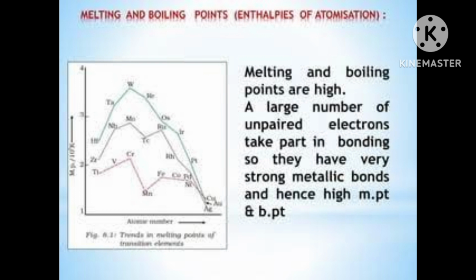And as the nuclear charge increases along the series, there is a fairly regular decrease in the size of the entire 4fn orbitals. 4fn, where n may be 1, 2, 3, 4 up to 14. That's why the size decreases, the decrease in the size of the entire 4fn orbitals.